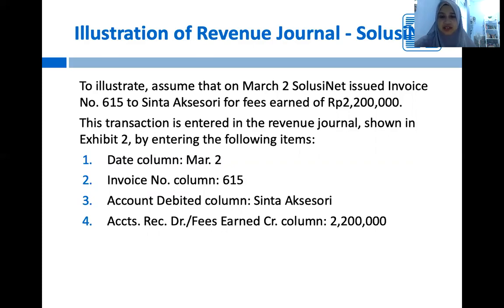Because it is revenue journal, we know the revenue is credit, so we don't need the column for credit because it's obvious it's revenue. So what we need is only the column for what account to be debited. Normally you debit the account receivable, which is the customer's account, and credit revenue. And then the last column, we provide the amount that is debited to account receivable and credited to revenue.